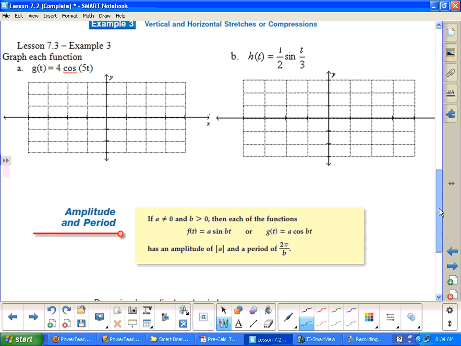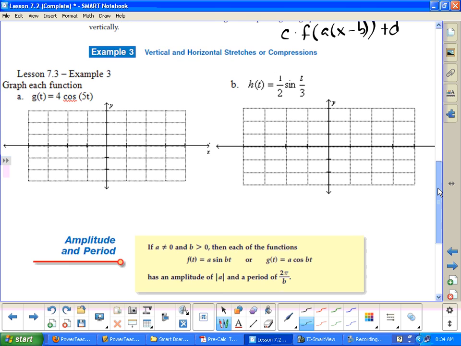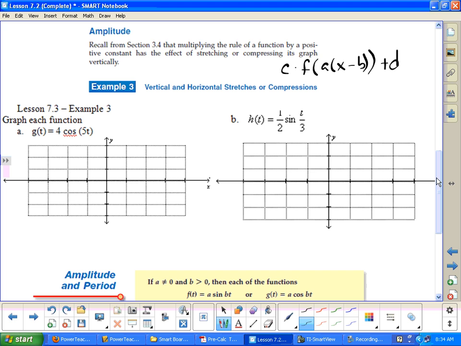Okay? So here, first of all, we're going to do some graphing. So we're going to do some vertical and horizontal stretches and compressions with graphing. So they want us to graph 4 cosine of 5t. Now, it doesn't say how much, does it? So we're going to graph one cycle. Okay? Or actually, we'll go 2 ways.